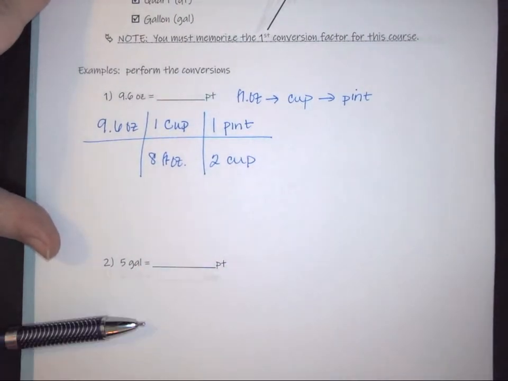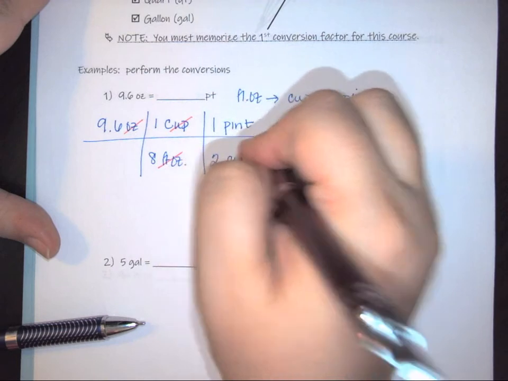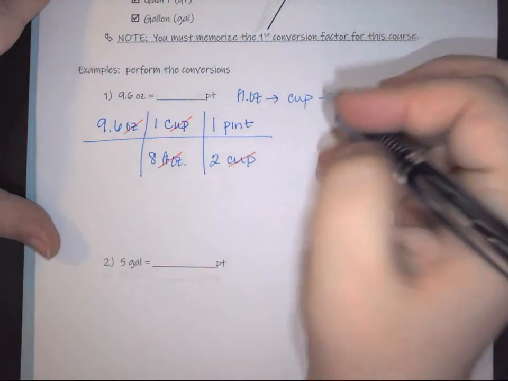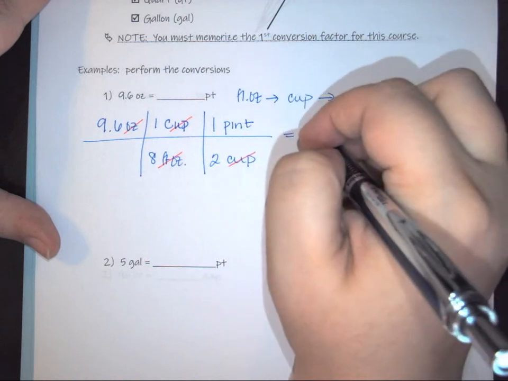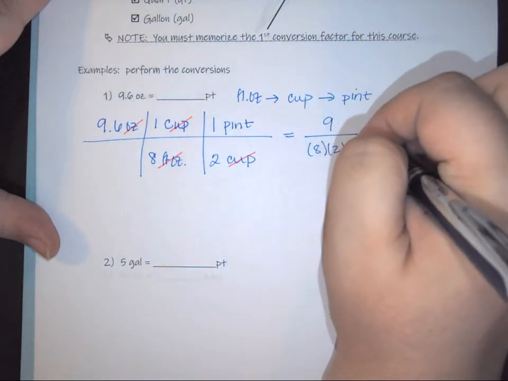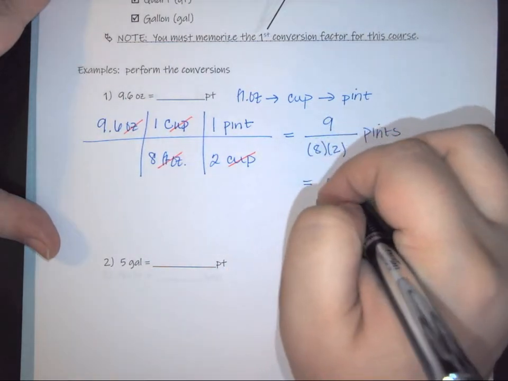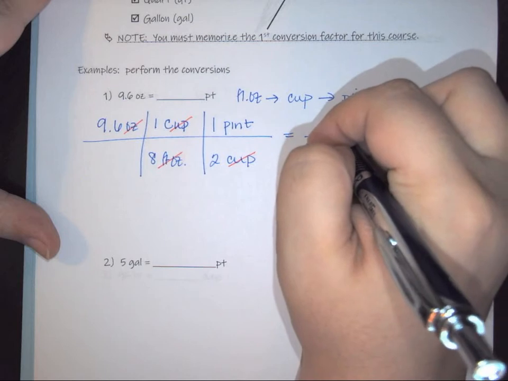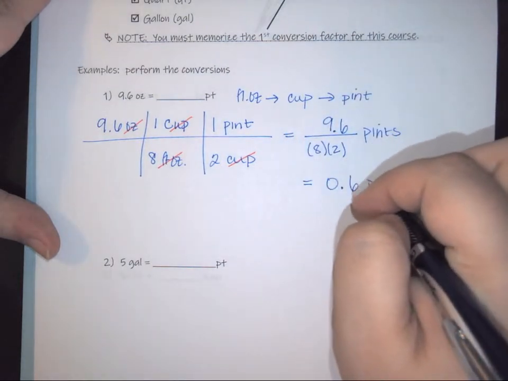So if you look at it, my ounces go away, my cups go away, leaving me with my pints. So here this is the same as 9.6 over 8 times 2 pints. So that is going to give me 0.6 pints.